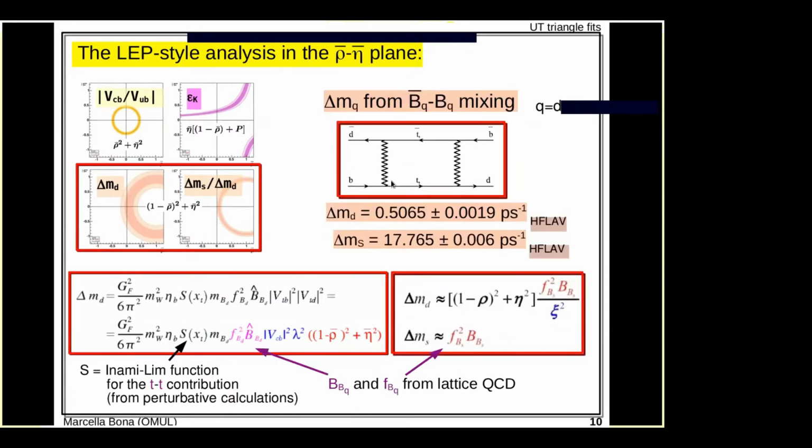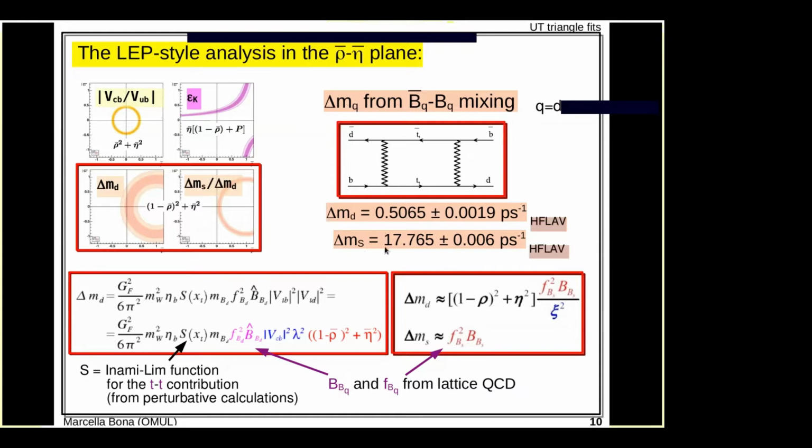Similarly, you can play a similar game with the B_d and B_s mixing. And from those, you extract the mass difference of the two mass eigenstates.